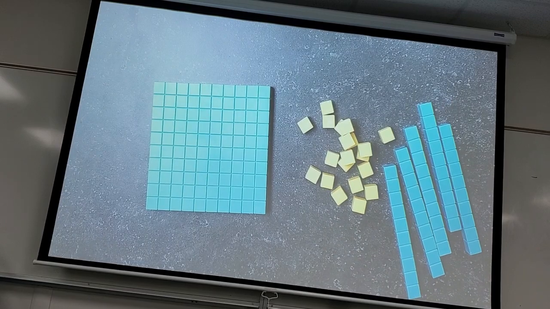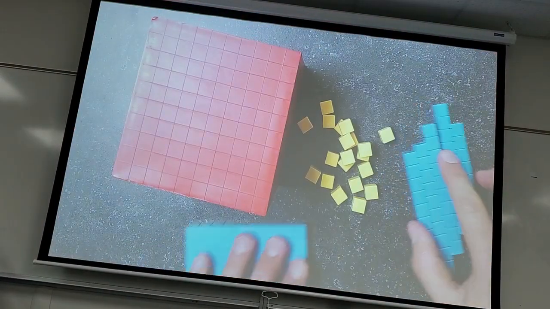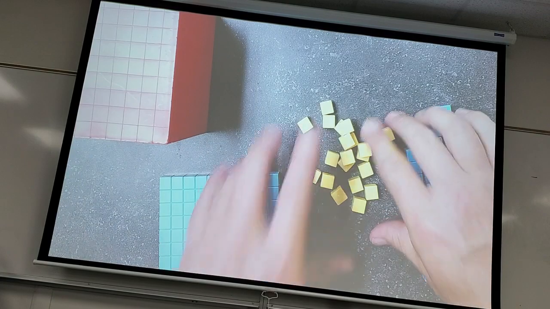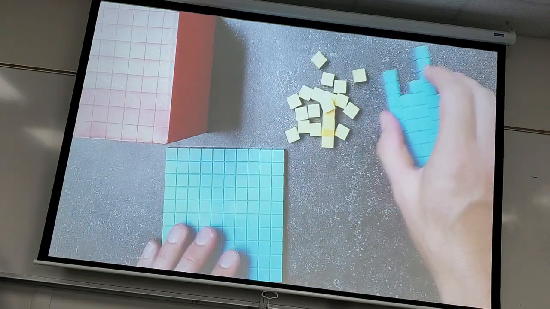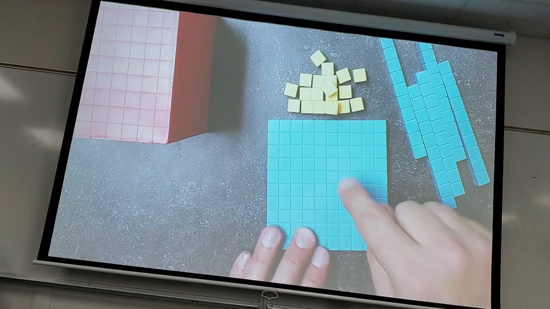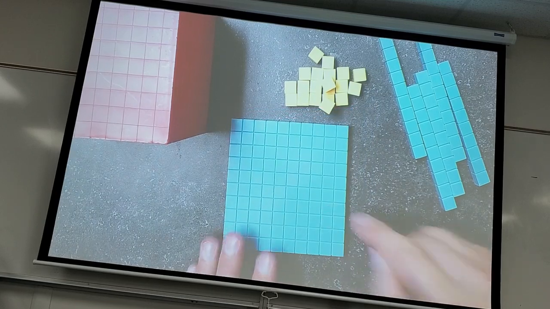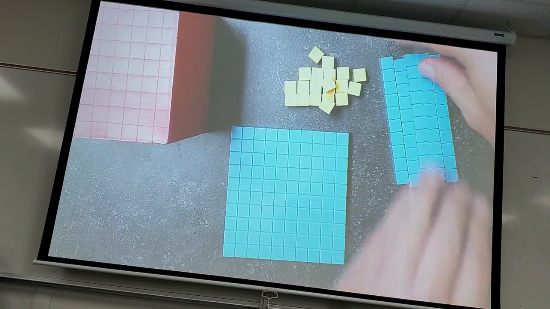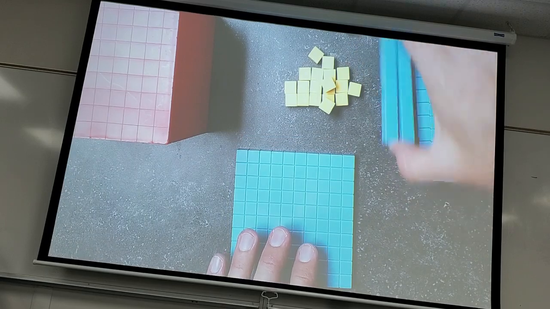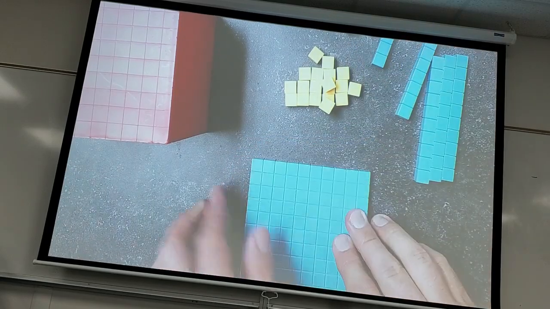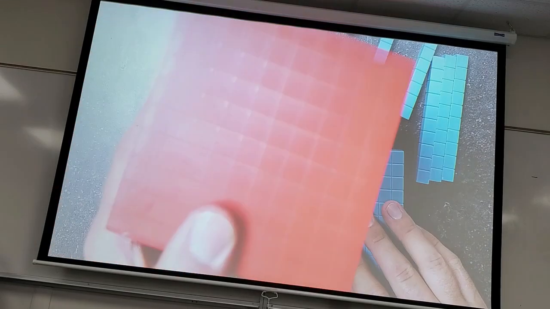Let me throw a big red in here. All right, let me put big red aside for a moment. Look at this guy. I think we call these units, we call these longs, we call these flats, and we call this a cube, obviously, right?